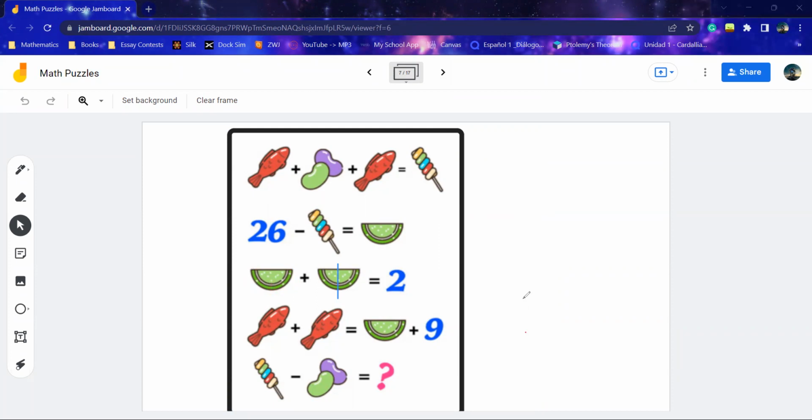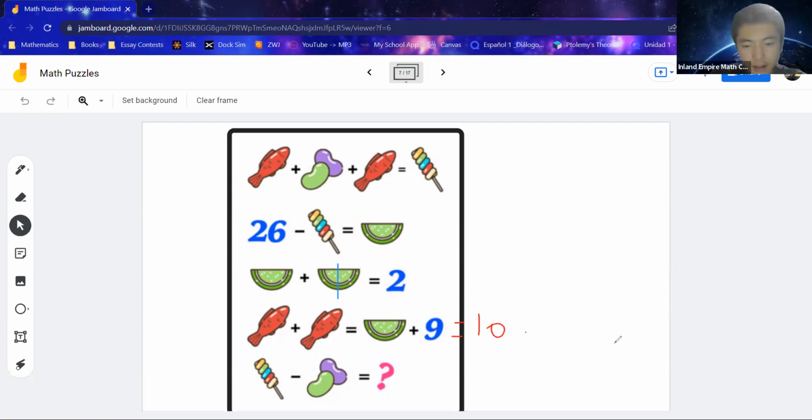And then watermelon plus 9, so then the fish is 5. That's right, but tell us why, Joyce. Because the watermelon is 1 and 1 plus 9 is 10, which means 10 divided by 2 is 5. That is correct. Indeed.